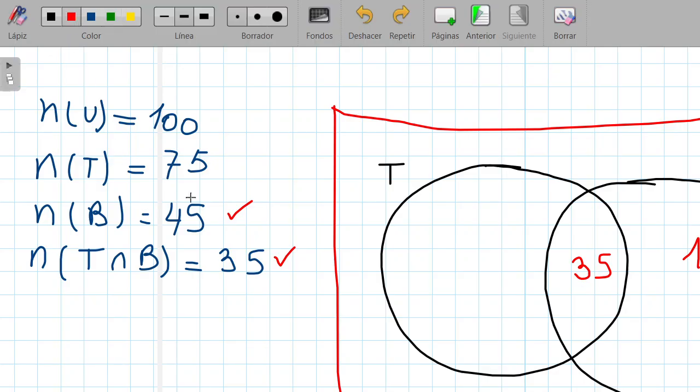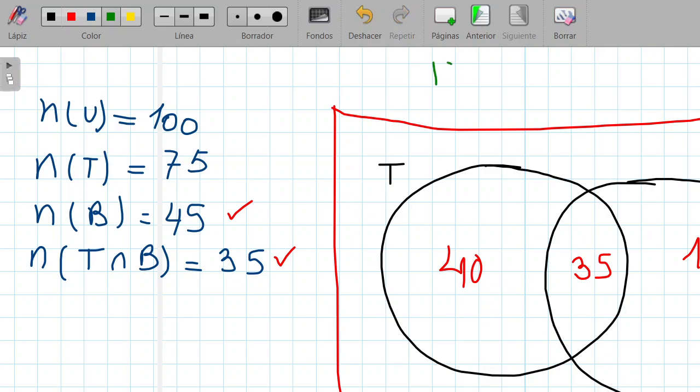The students who have a television is 75, so 75 minus 35 is 40. 40 plus 35 is 75, so 75 students have television, 40 of them television only. And to finish, we also have students outside here. Here we don't know how many students don't have either a bicycle or a television.